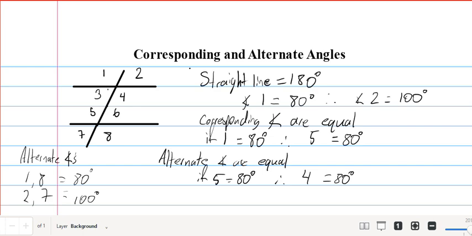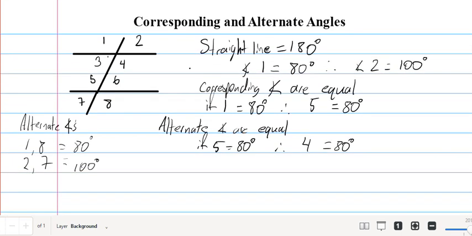And then on the interior, this is the exterior alternate angles, right? These are exterior alternate angles. Now my interior is 3 and 6, 5 and 4, and they're all going to be equal. So if 1 is 80 degrees, right?